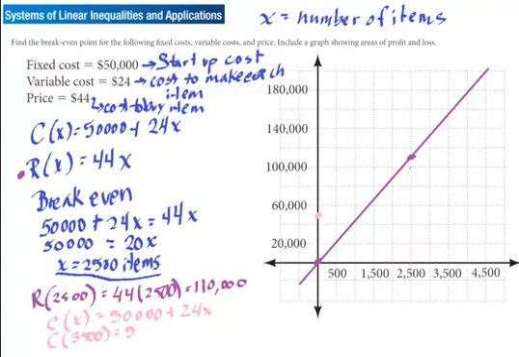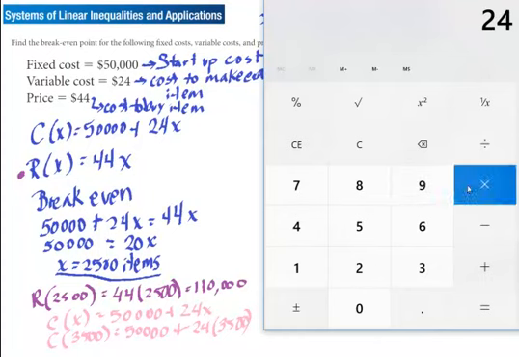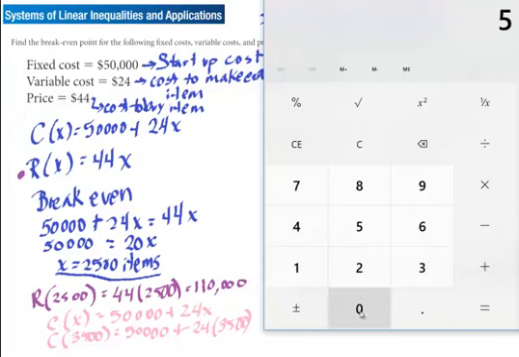That's just going to be 50,000 plus 24 times 3,500. Let me get out my calculator. 24 times 3,500, add 50,000, equals 134,000.